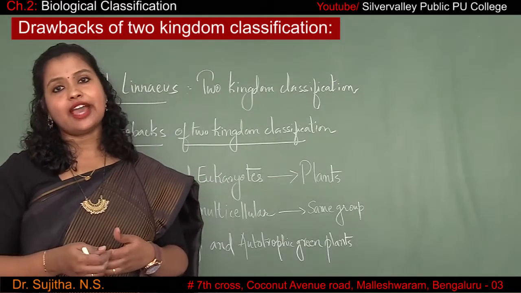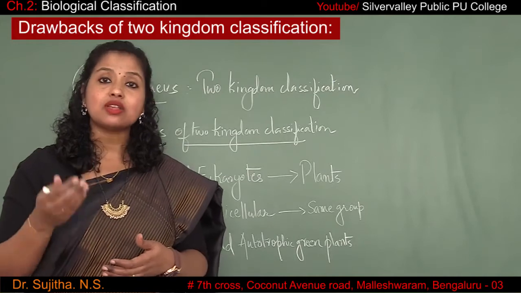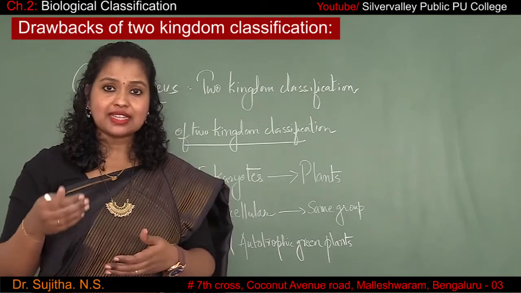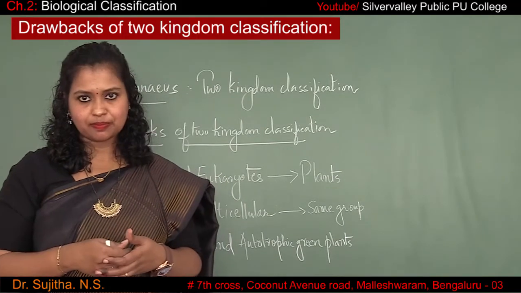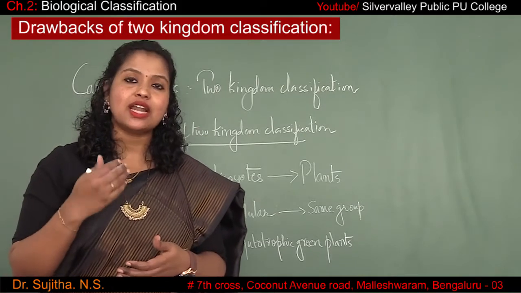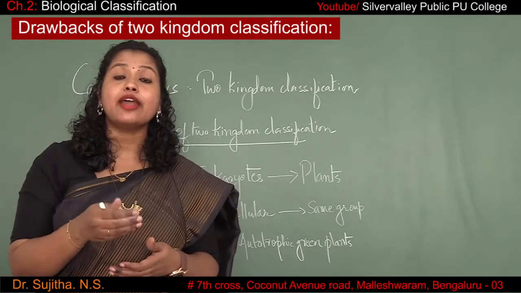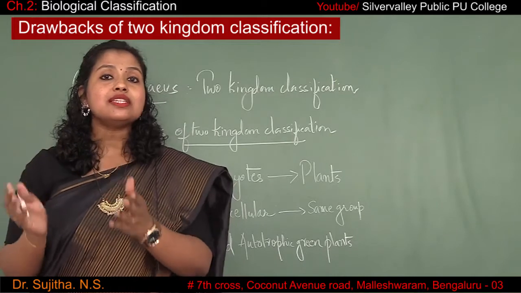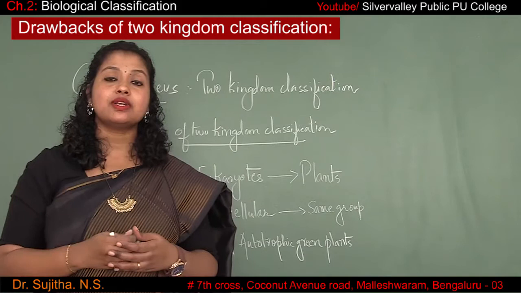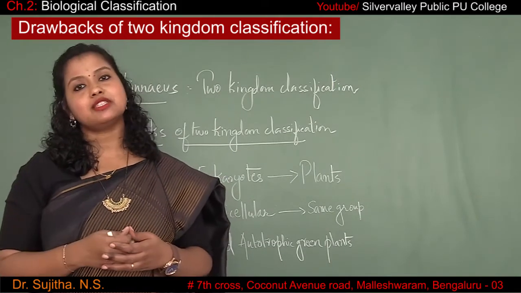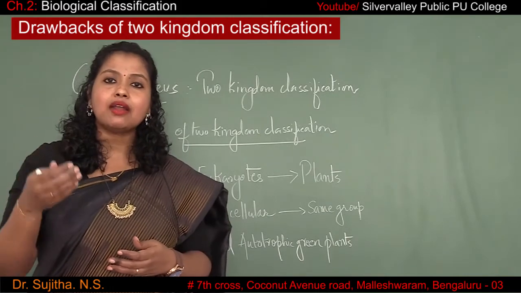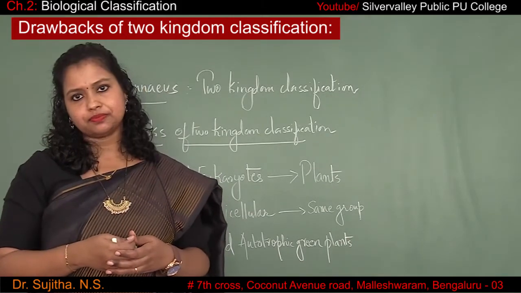With respect to eukaryotes, ferns, mosses, angiosperms, gymnosperms, all these come under eukaryotes. Eukaryotes are multicellular in nature, and they also have all the cell organelles present in them. For example, mitochondria, endoplasmic reticulum, Golgi apparatus. All these important structures are present in eukaryotes.